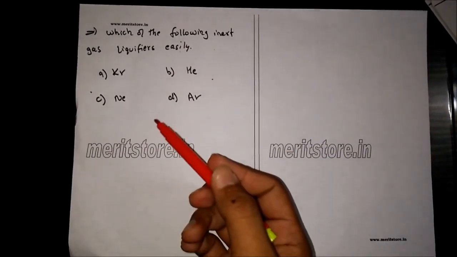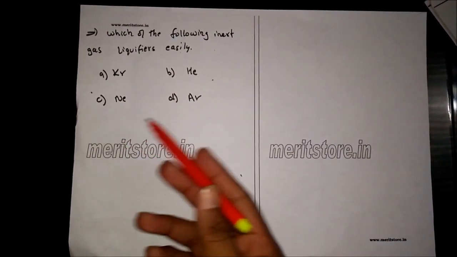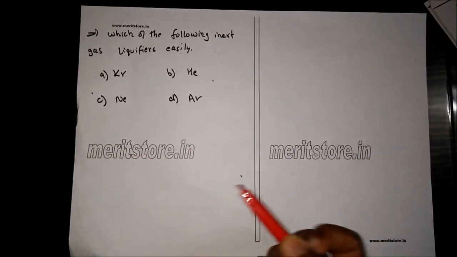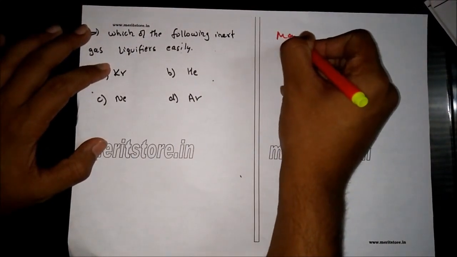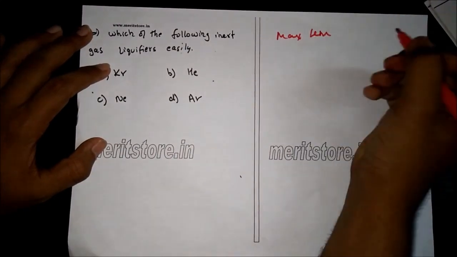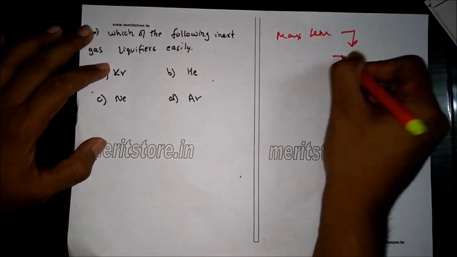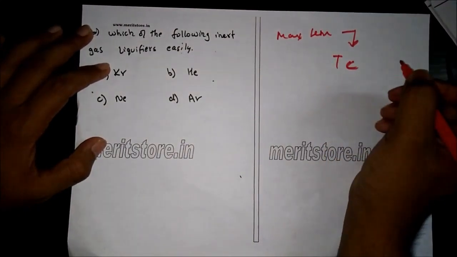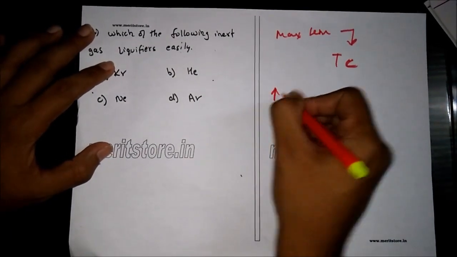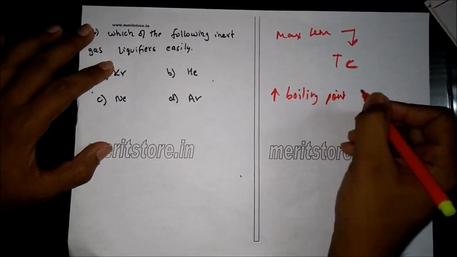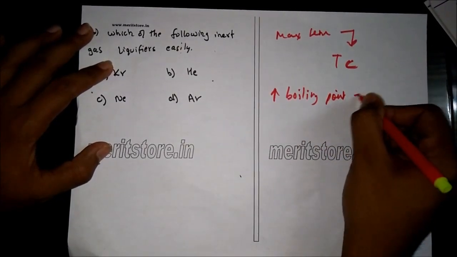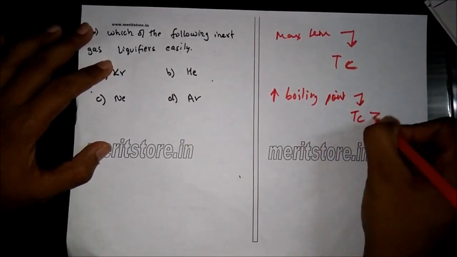Which of the following inert gases liquefies easily: A. Kr, B. He, C. Ne, and D. Ar. The maximum temperature at which a gas can be liquefied is called its critical temperature, Tc. The gas which has a high boiling point will change into liquid first, and so its critical temperature Tc will be higher.